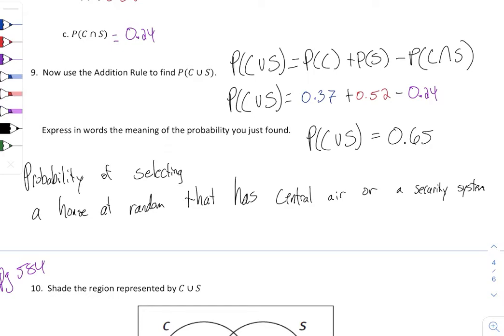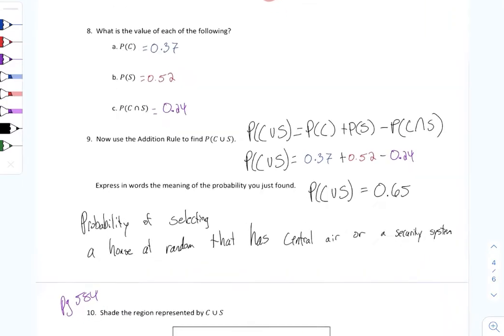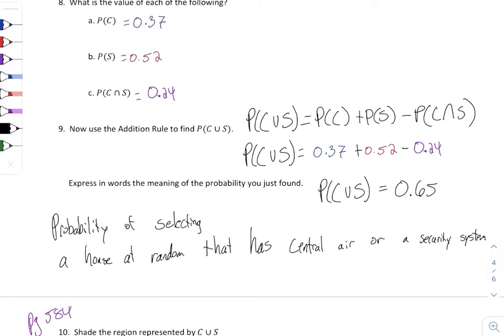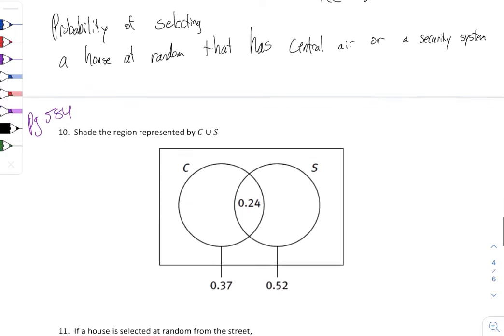And remember, that includes houses that have just central air, just security, or both. So don't forget the or problems. While it seems like it doesn't include both things, it does. That was us very basically using the addition rule to find the missing piece of information. We knew the probability of central air, the probability of security, and the probability of both, and used those in combination to find the probability of central air or security system.